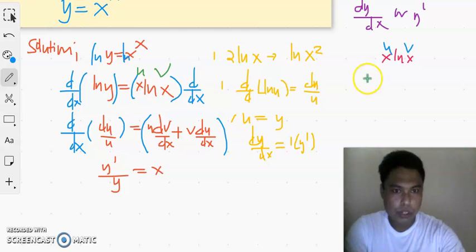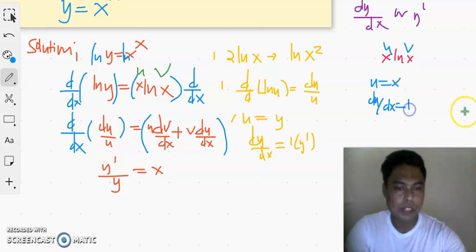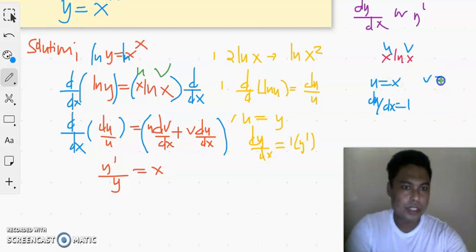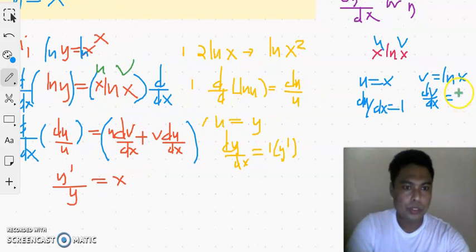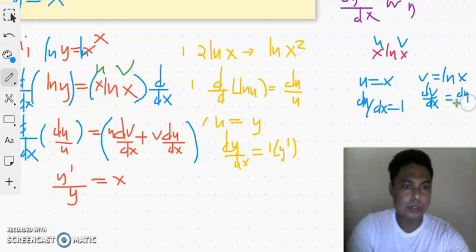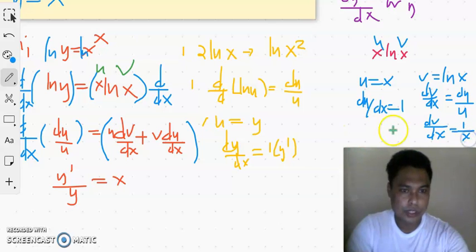Our u here is x, therefore our du over dx is simply 1. Our v is ln x, therefore our dv over dx is 1 over x.